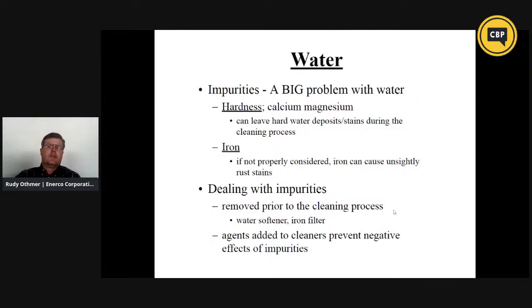Typically, it's going to be the same water on both sides. And again, there are many things that can be added to your cleaners, and that should be added by your supplier right in the formula, to deal with the impurities that you're encountering specific to your location.